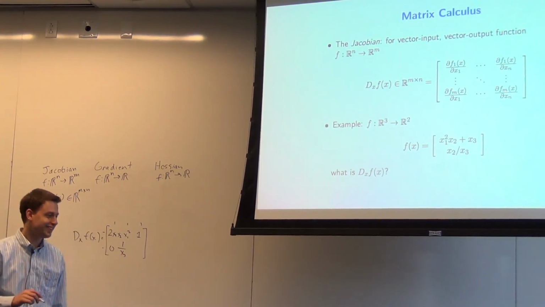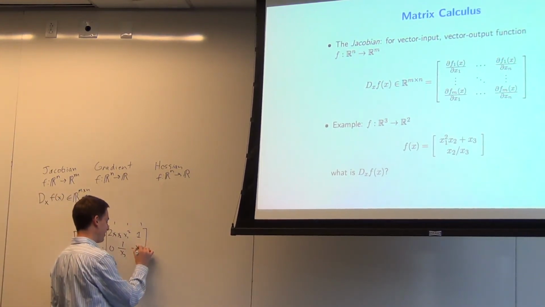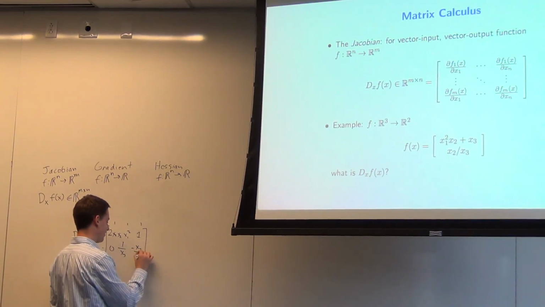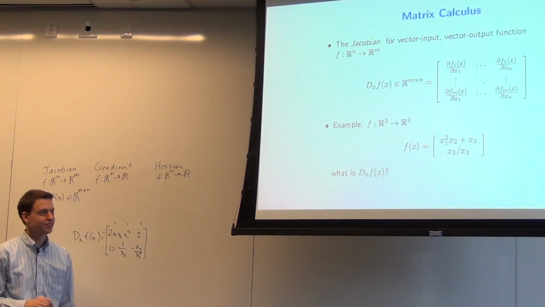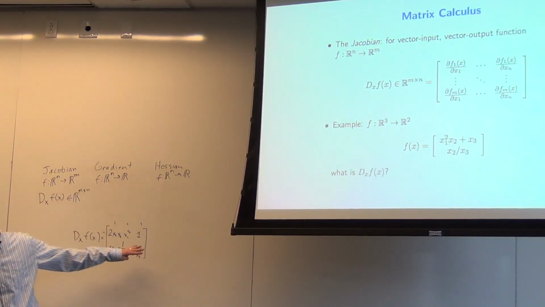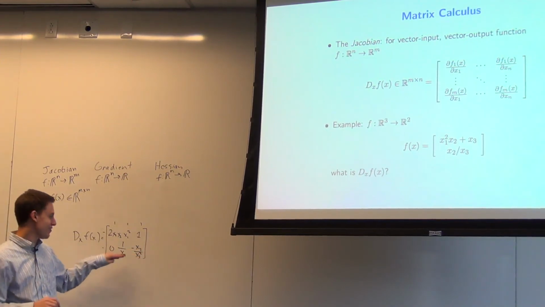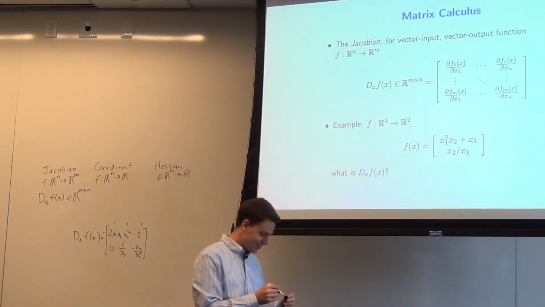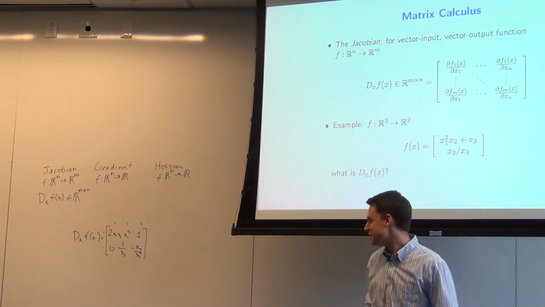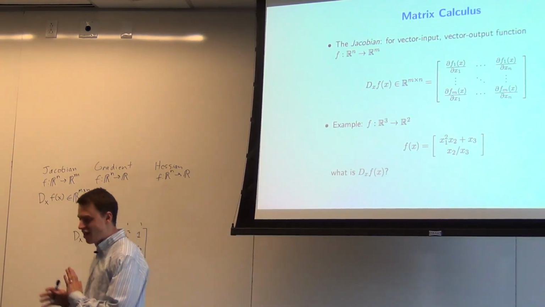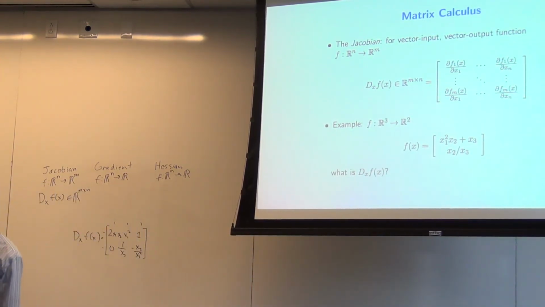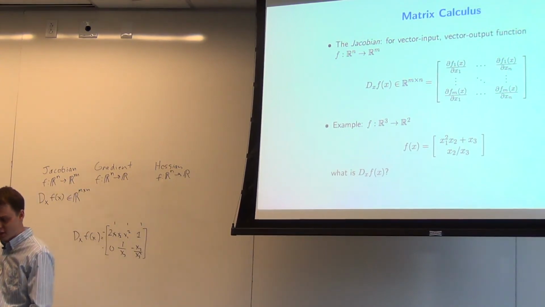Okay. Everyone remembers their derivatives, right? This is the one I threw in to see if you did remember your derivatives. But it's very simple if you do it element by element. This is just sort of the simplest calculus you can imagine.